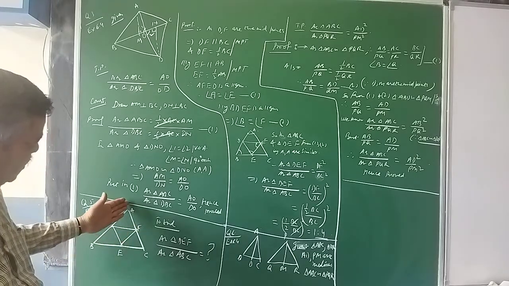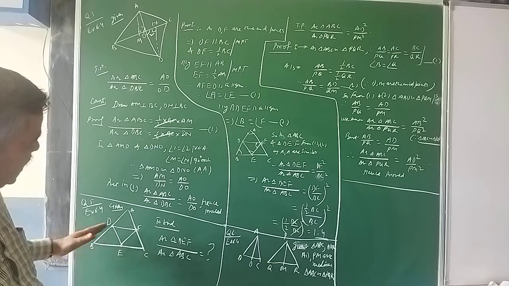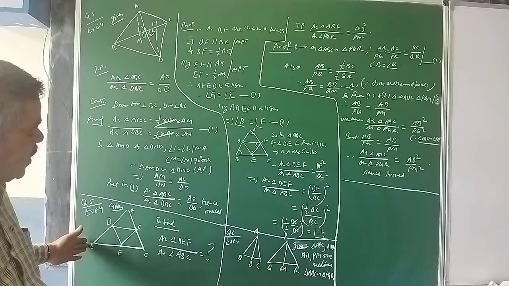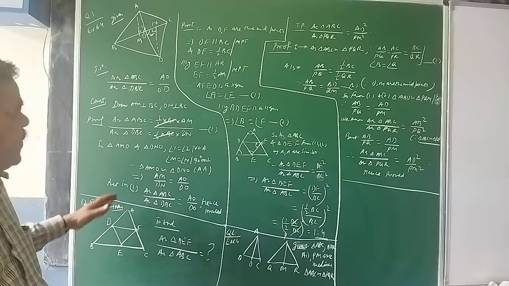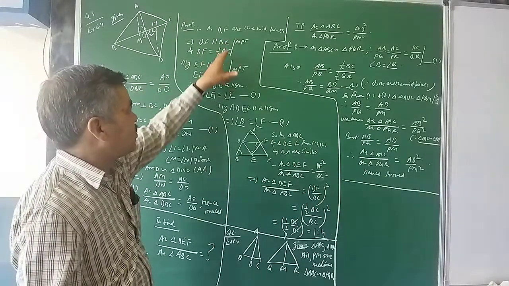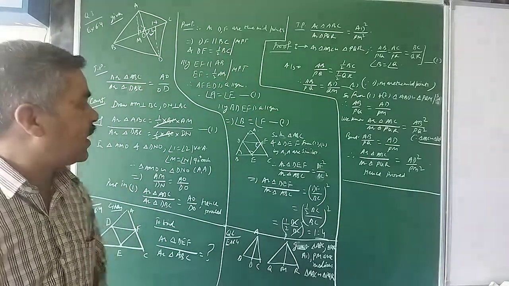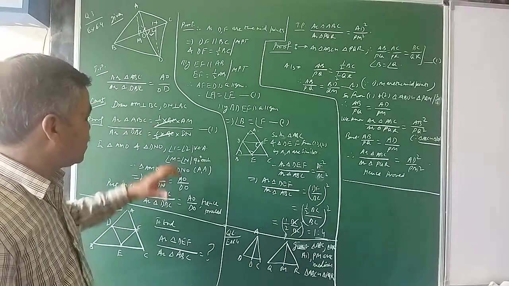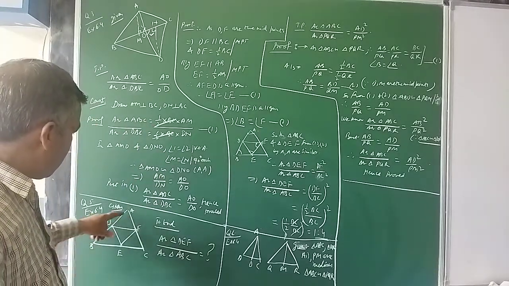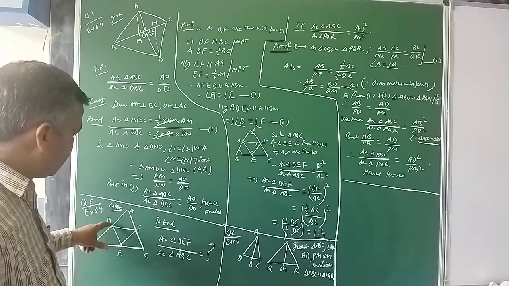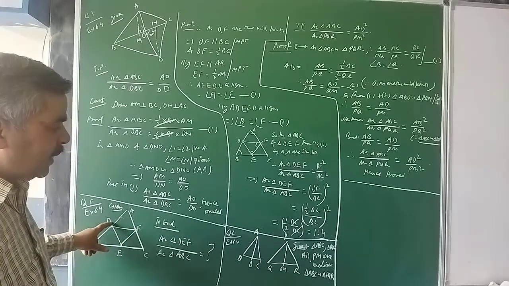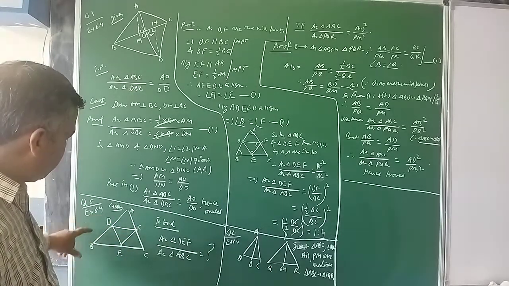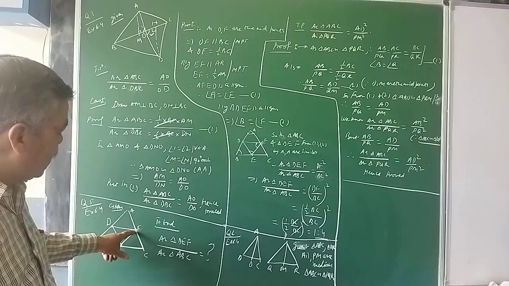So EF again will be equal to half of AB and will be parallel to AB. So that was all used in midpoint theorem in class 9. So you will be reaching AFED is a parallelogram. Similarly, here DBEF is also a parallelogram.